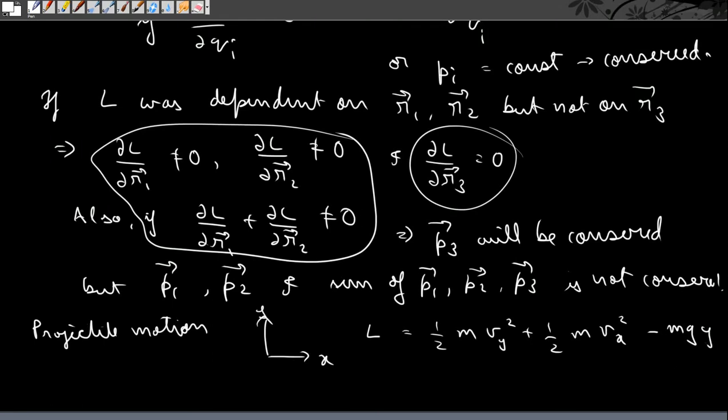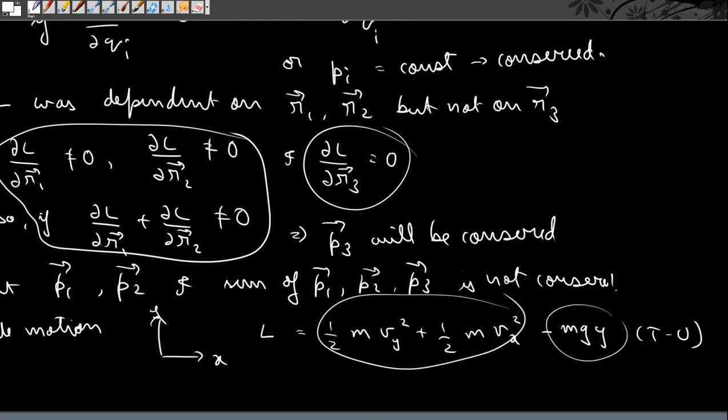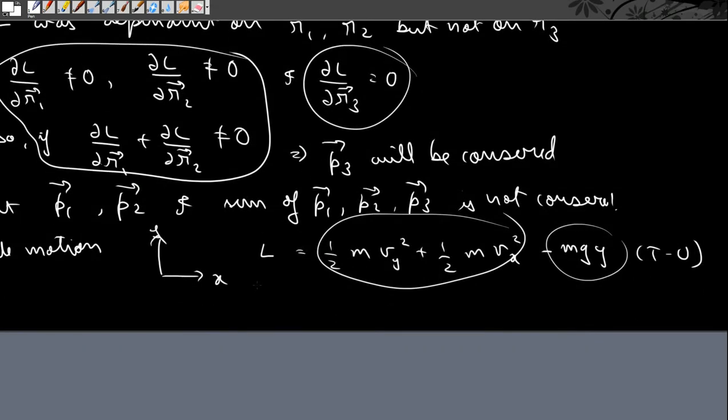This is of the form T minus U, where the total kinetic energy is this part and the total potential energy is this part. Then we see that dou L by dou y is not equal to 0. It is in fact equal to minus mg, whereas dou L by dou x is equal to 0. Therefore only px is conserved.